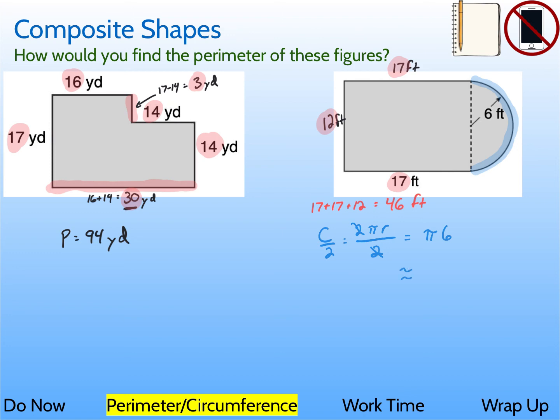Let's round that off to the nearest hundredth, and we get 18.85 feet. So finally, to get the full perimeter around this thing, we have to do the 46 from those 3 red sides plus 18.85 from that curve, and we will get 64.85.